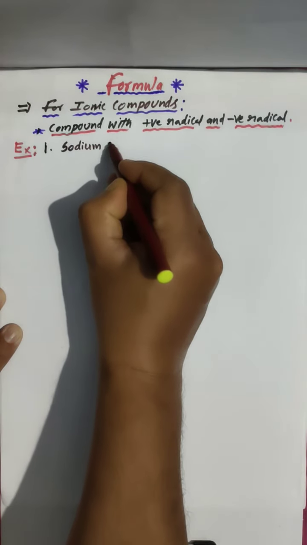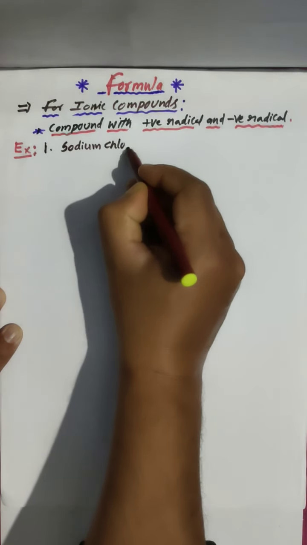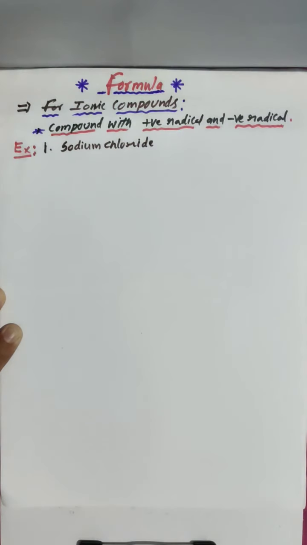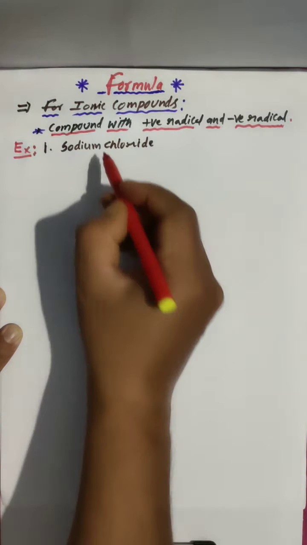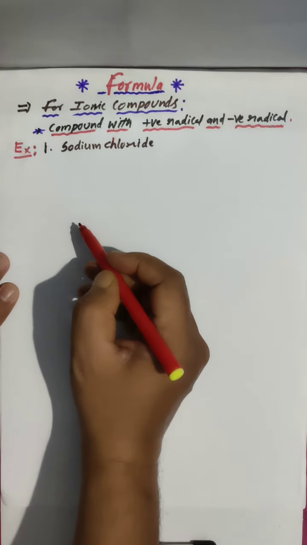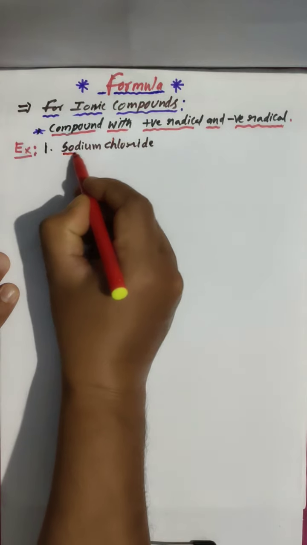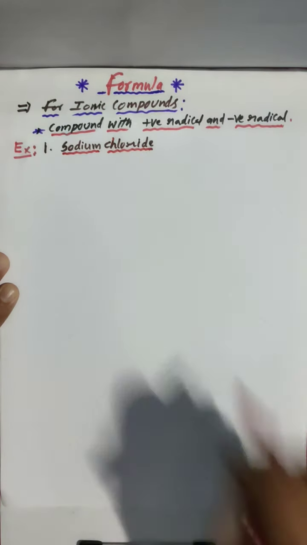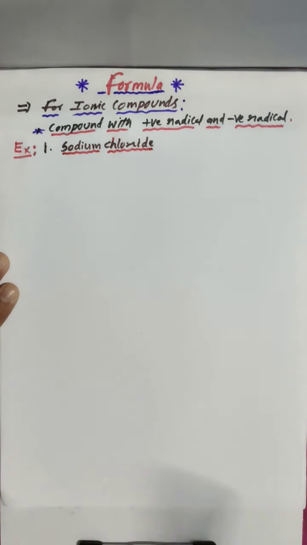Sodium chloride. Everyone knows this. So whenever you know the compound name, immediately you have to make two parts. Left side sodium and right side chloride. Clear?